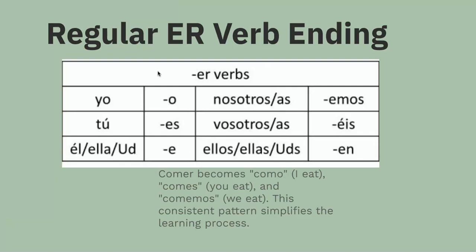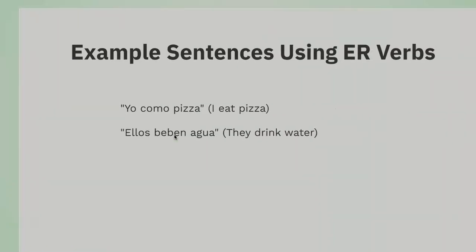So if it's I eat, it's going to be yo como. If it's you eat, it's tú comes. And if it's we eat, it's going to be nosotros comemos. And this consistent pattern simplifies our learning process, so it makes it easier in understanding. Once we get these memorized, we can conjugate any regular ER verb.